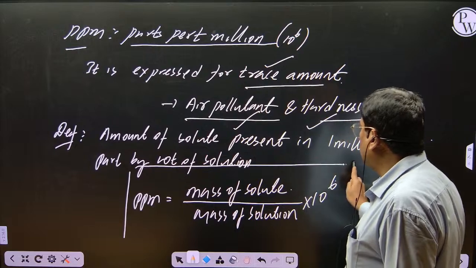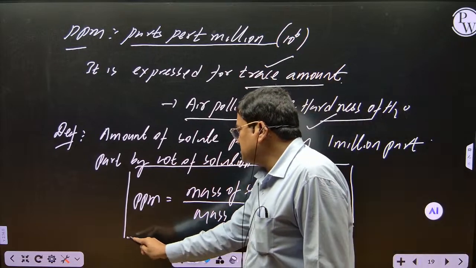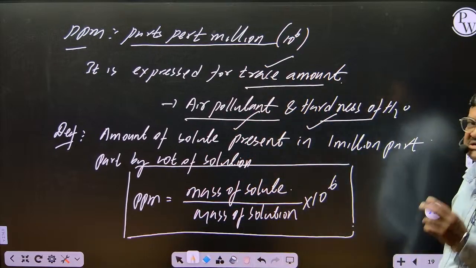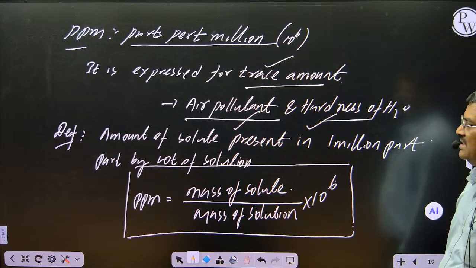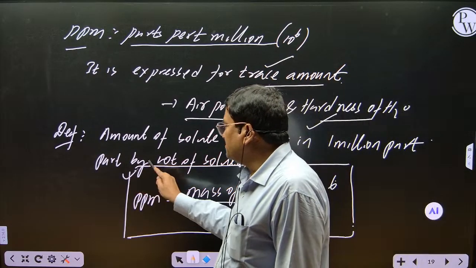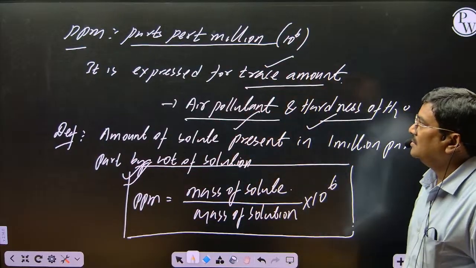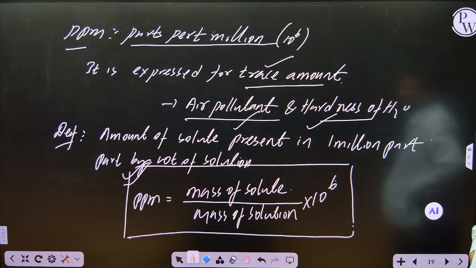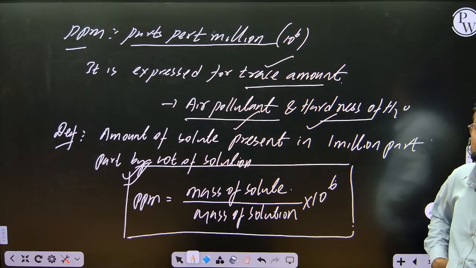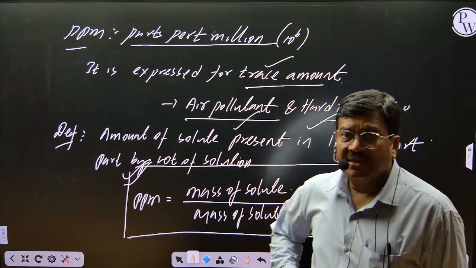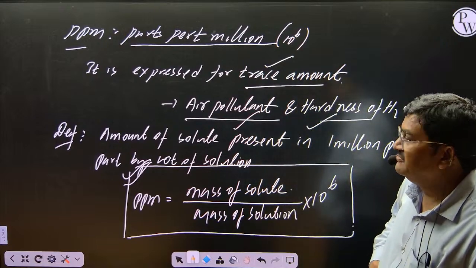Very important in NCERT textbooks. So we get questions from parts per million. Even in JEE Mains and in NEET, we get questions related to parts per million. Understood, student? This is ppm, the last concentration.